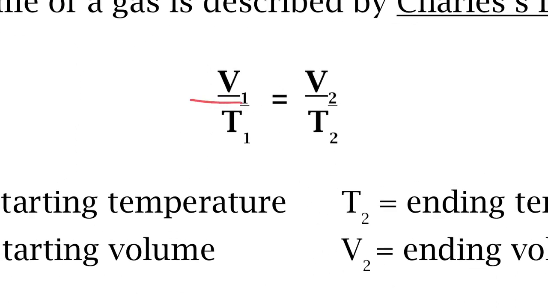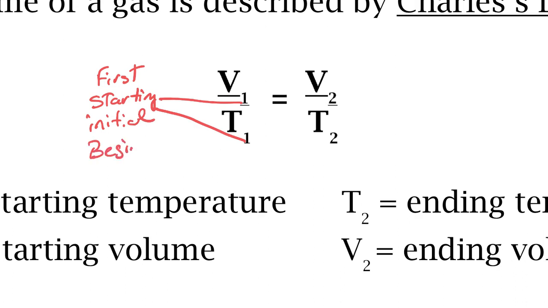Again, what do the ones stand for? All right, so first: starting, initial, beginning, before. All right, those are all words that key you in to you've got your something is 1, V1 or T1.